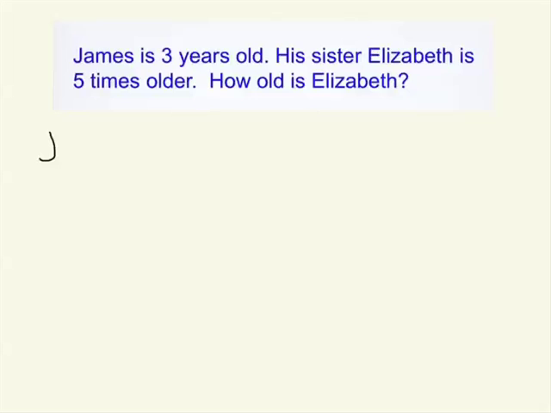So I know that J is for James, and I'm going to make E for Elizabeth, and I know that James is 3 years old. And his sister, Elizabeth, is 5 times older. So if James is one group of 3, I'm going to make 5 groups of 3 for Elizabeth to show that she is 5 times older.